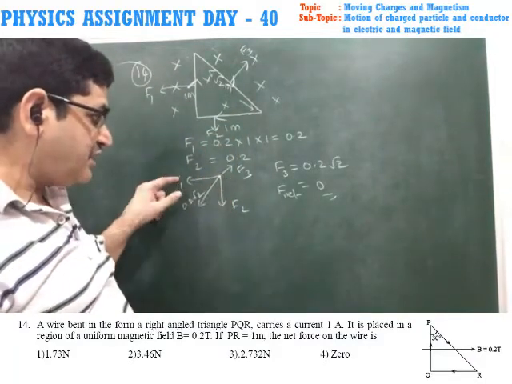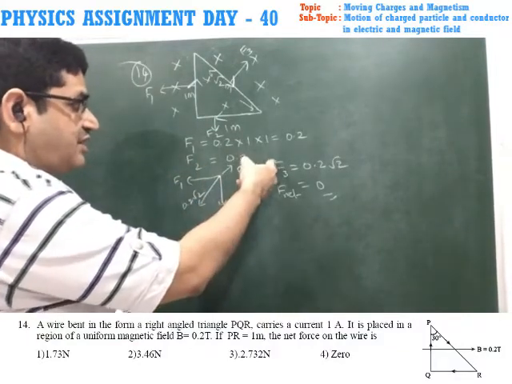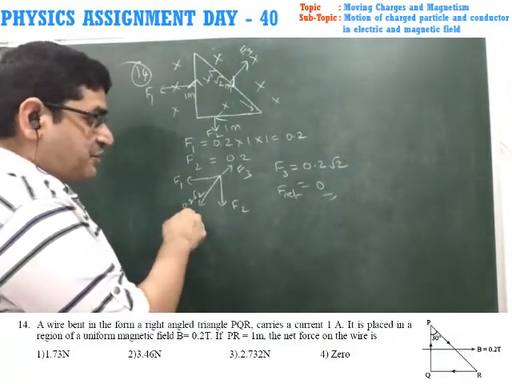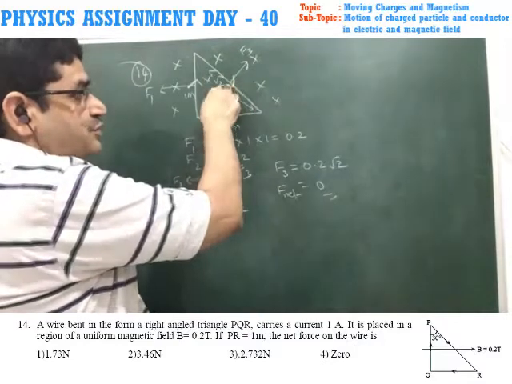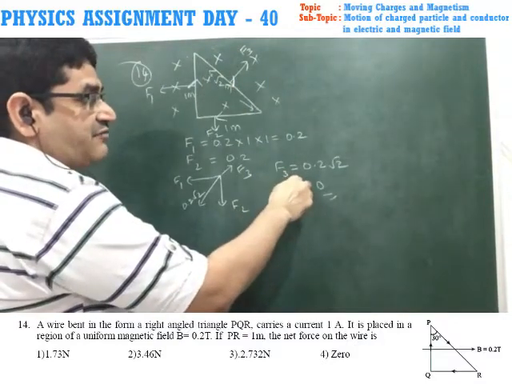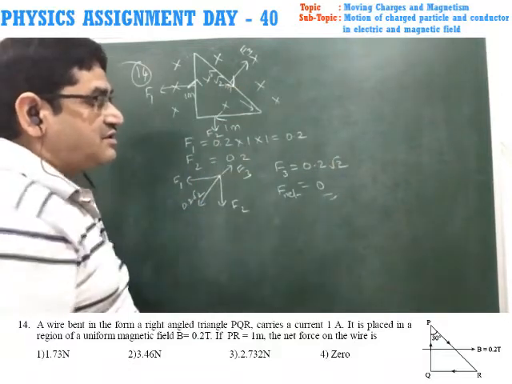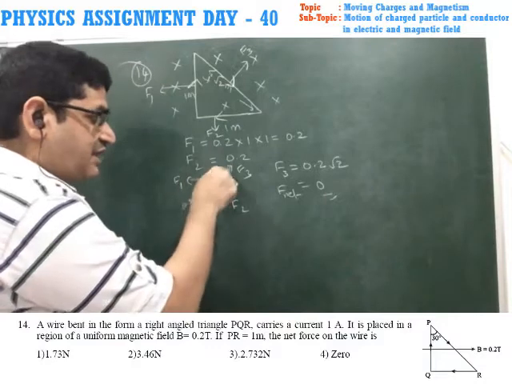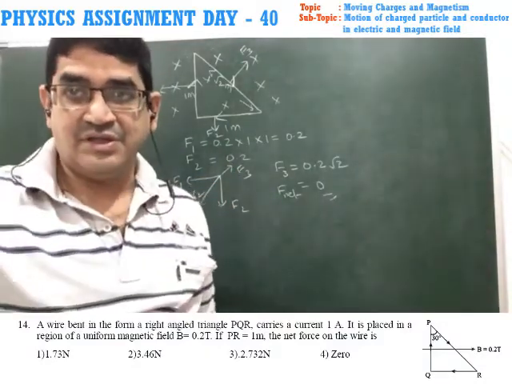These two are perpendicular, therefore the resultant between these two, both being equal magnitude, F1 equal to 0.2 and F2 equal to 0.2, will be 0.2 root 2 in the direction between them. But for F3, this is root 2, and when you calculate F3 as BIL, you will get 0.2 root 2 on this side. Both are equal and opposite, so F net will become 0. In that way you will get it.